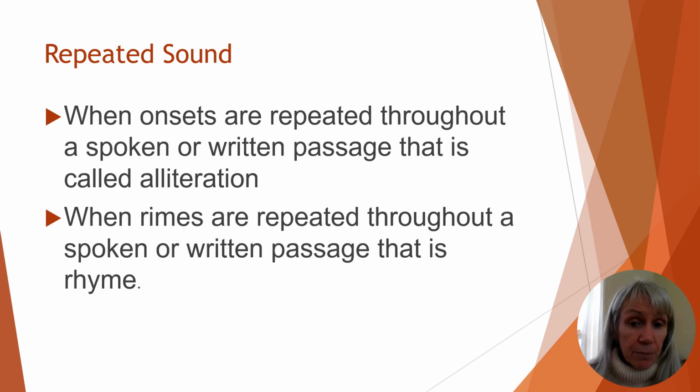When rhymes are repeated throughout a spoken or written passage, that is called rhyme. So you see rhyme, the things that we've been working with, were spelled R-I-M-E, and this rhyme is spelled R-H-Y-M-E. They sound the same because they're homophones, but rhyme means the repeated sound of rhymes. Okay, so when words at the ending of words are repeated, we will hear a rhyme, and the mind and memory really like rhyme.